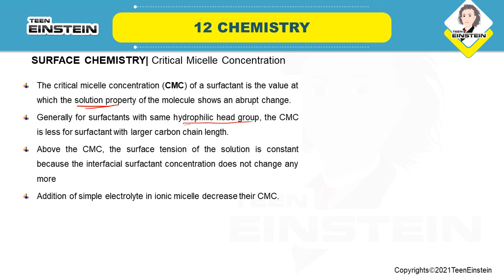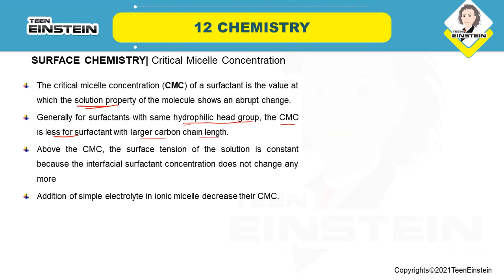So in that case what will happen? The CMC will be less for that surfactant which has the larger carbon chain length. So when the tail part is very long, then CMC will decrease. That means at a lesser concentration we can easily get micelles.